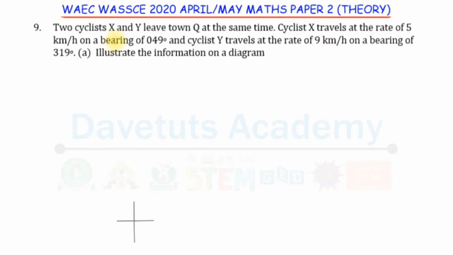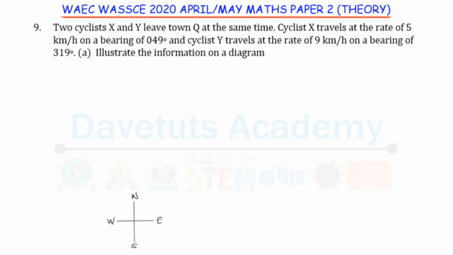So to locate the bearing of cyclist x, which is 049 degrees, if we take this as the north, the south, the east, and the west, that is going to be between north and east, because normally we start taking bearing from the north and we go in the clockwise direction like this. But here we are told it's 049, meaning that it's not yet a right angle. Between north and east is a right angle, which is 90. So 49 will be here in this particular first quadrant.